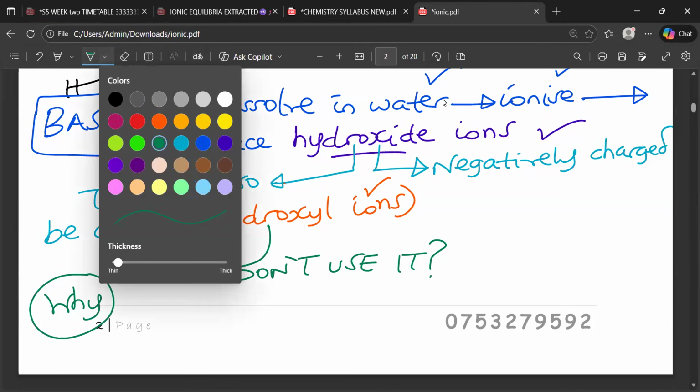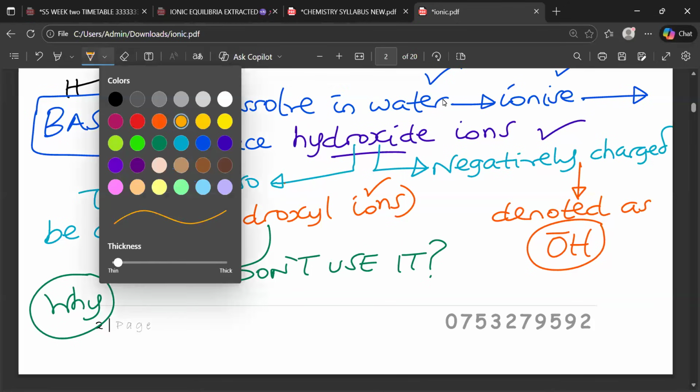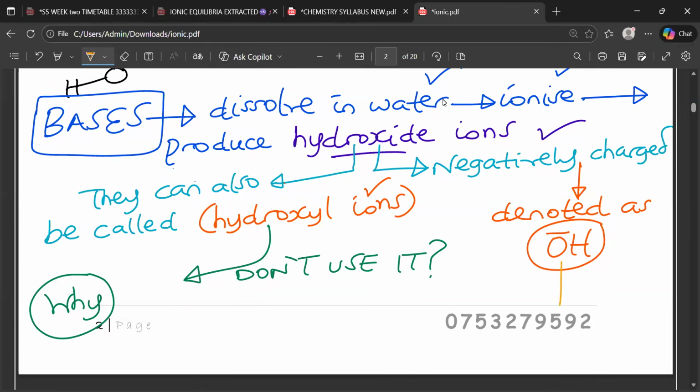After us saying they are negatively charged, all of you here know how they look. Because I told you that in chemical formula, hydroxide ions are denoted as this. Are you seeing how they look? But I also don't want you to be surprised when you find them like this: OH, but with the negative here.